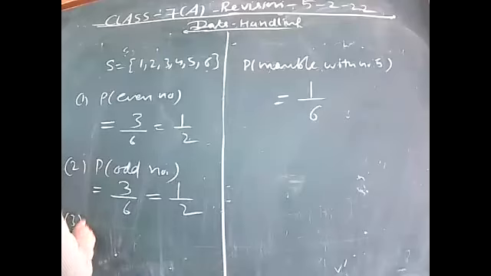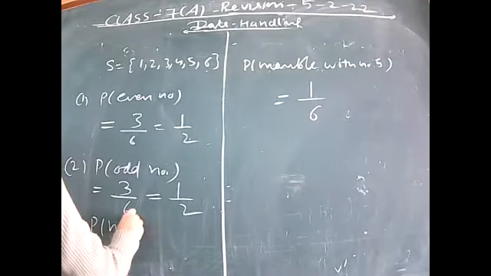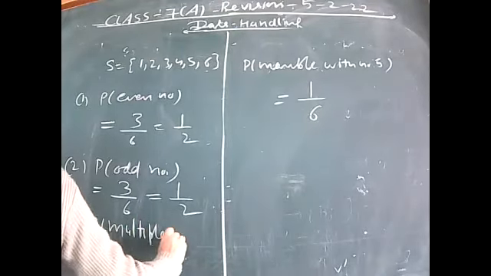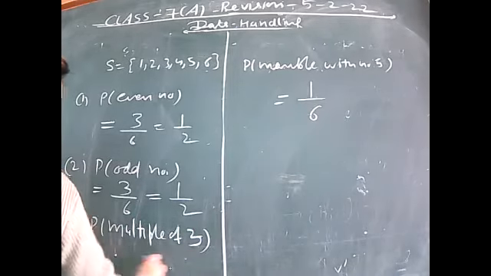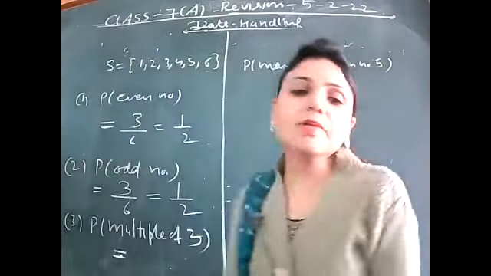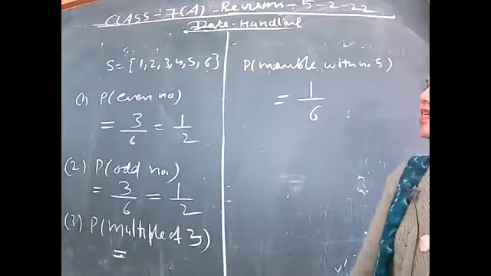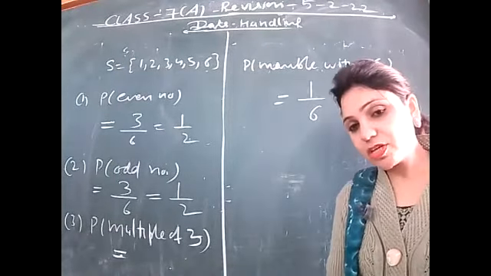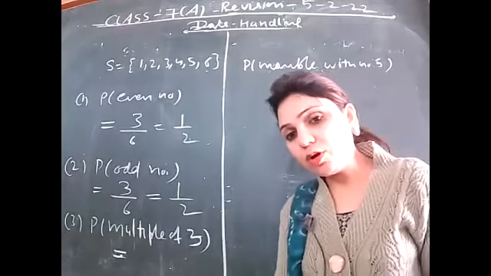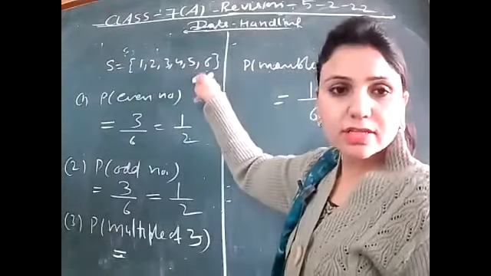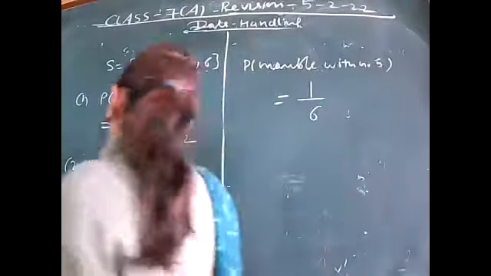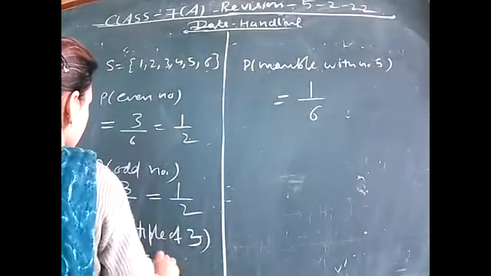Next question. Probability of getting multiple of 3. So in this list, which are the numbers that are the multiple of 3? This is 3 and 6. Only 2 numbers. So favorable case is 2. Total 6.